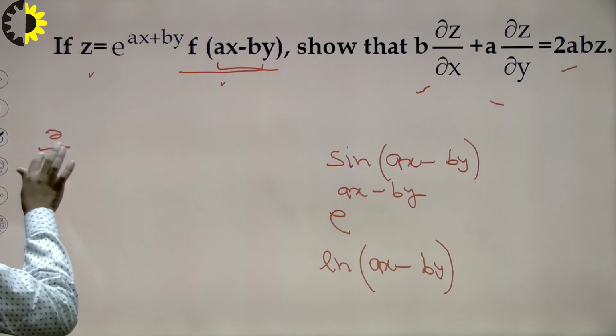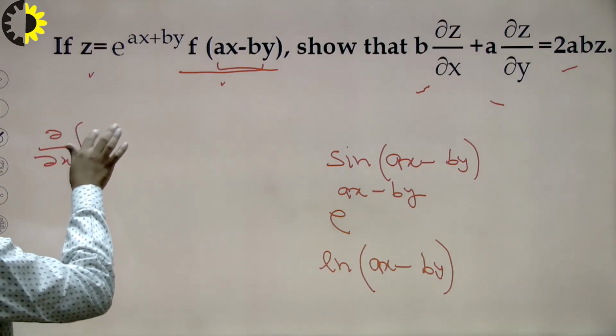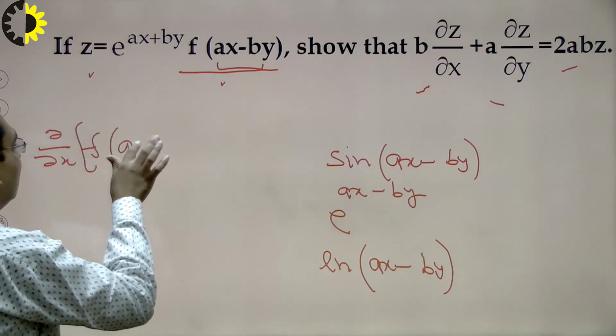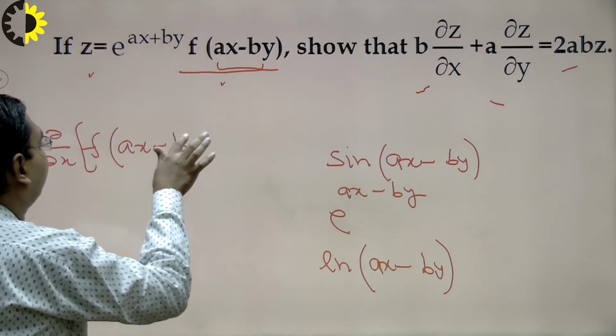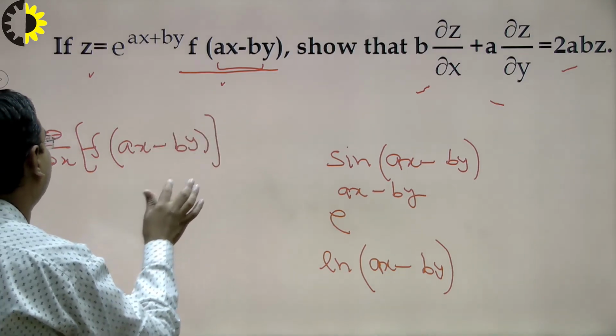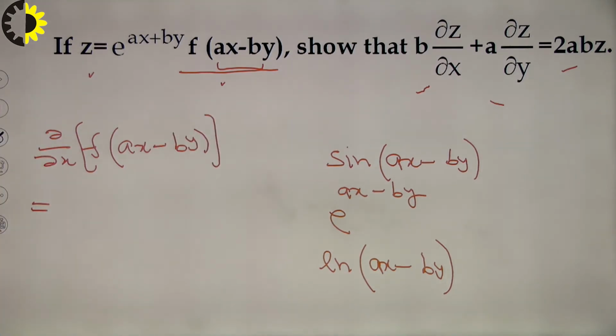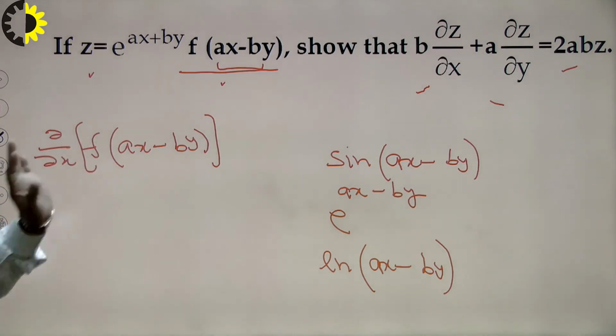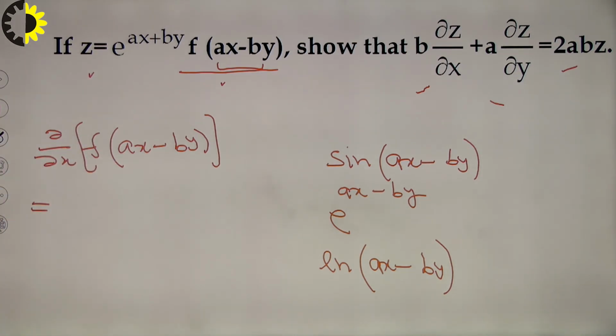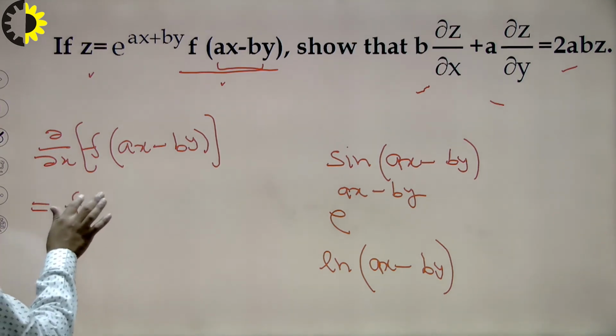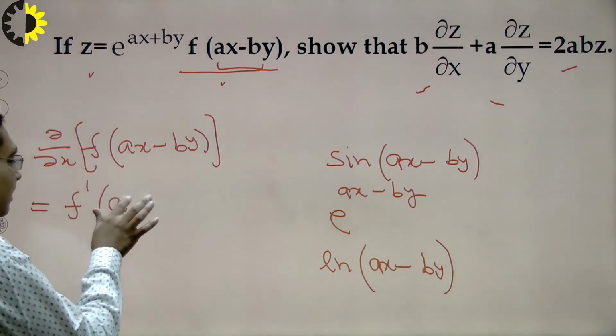Suppose I want to calculate del over del x of f of ax minus by. Then what will we do? We shall first differentiate f with respect to x. Because f is not a known function, its derivative will be written as f dash.